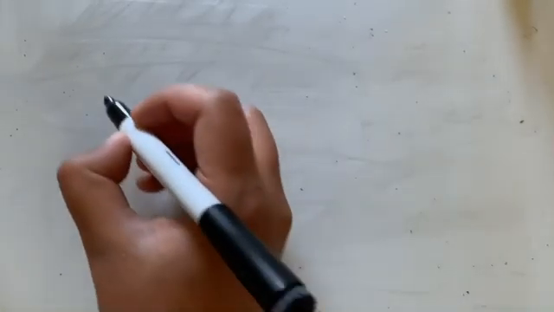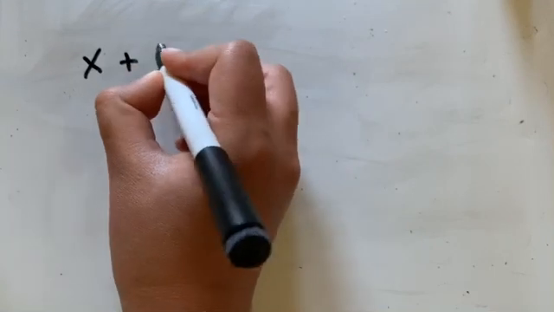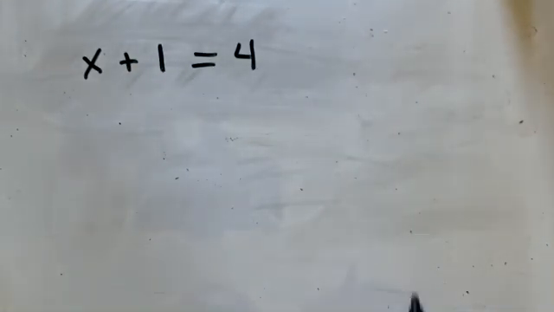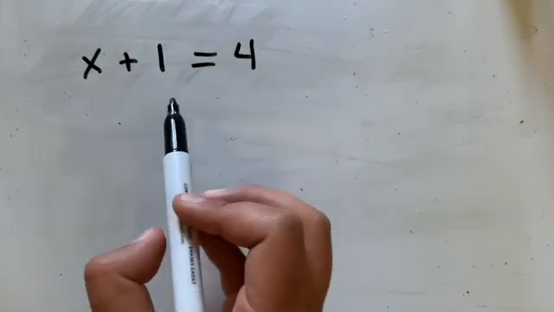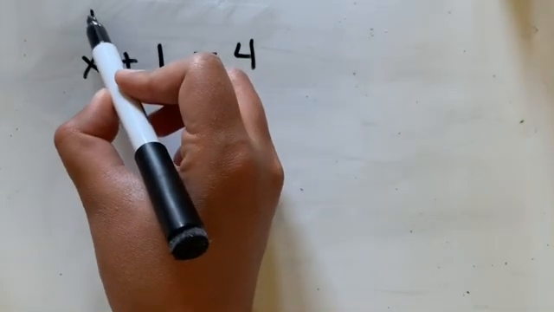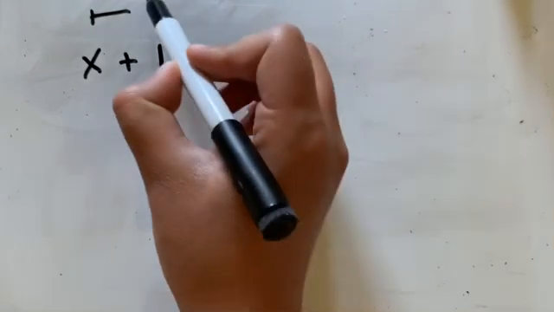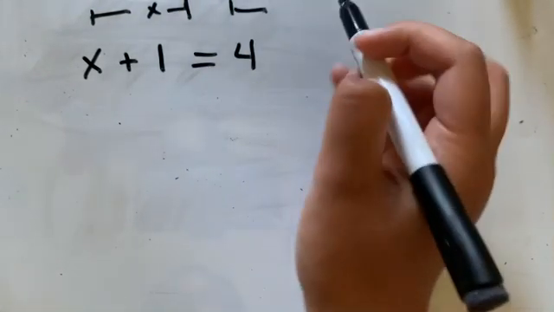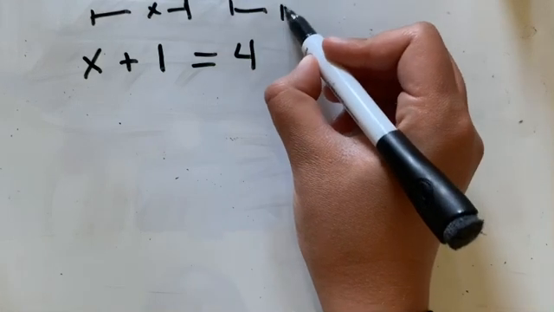Okay, there are many ways to solve a first degree equation, but I like to keep one side of the equal sign where the x's go and the other side where the numbers go.